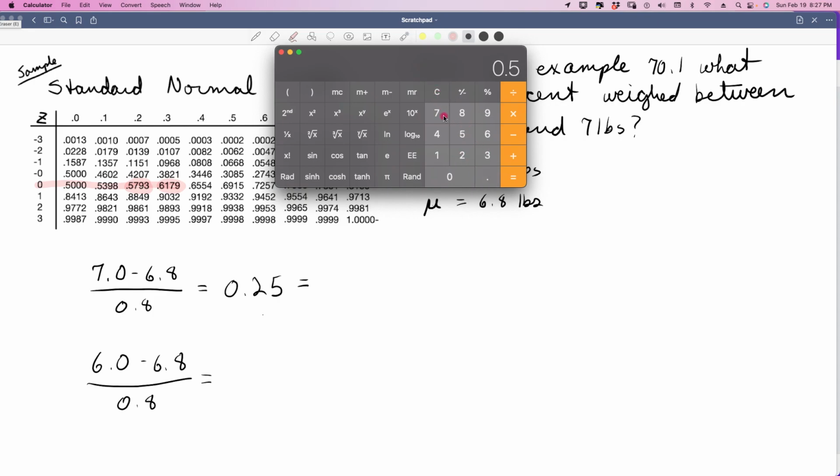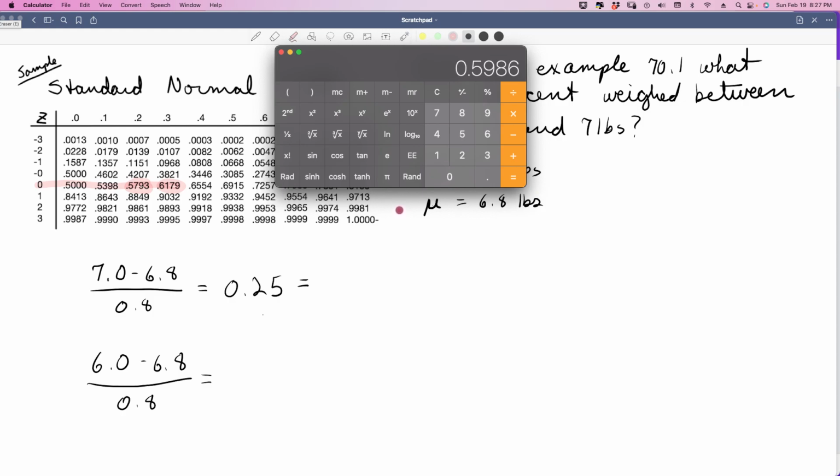So 0.5793 plus 0.6179 divided by 2. So that gives us halfway in between. So that's 0.5986, and that is not what we have in the book.